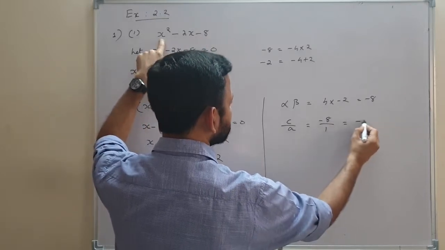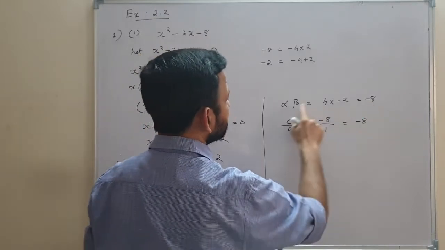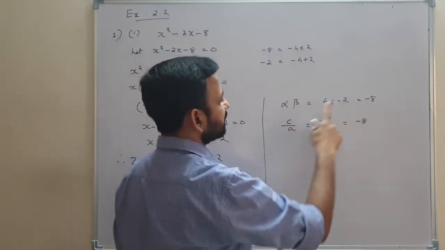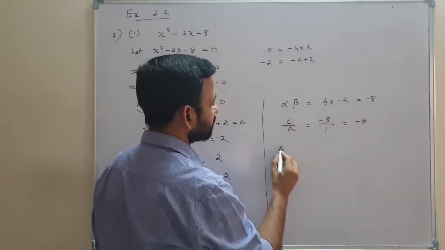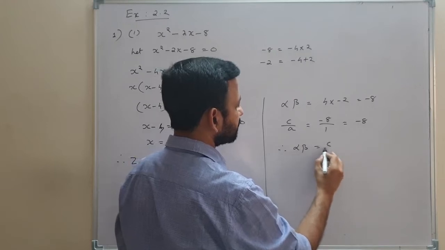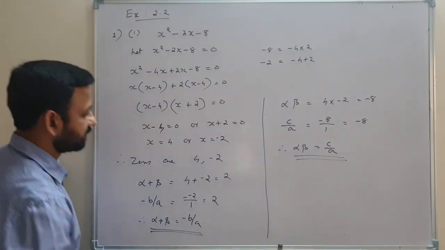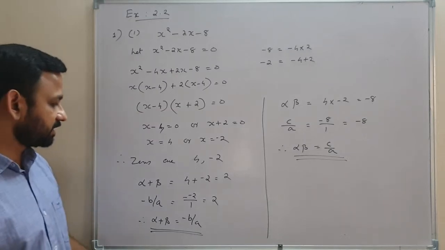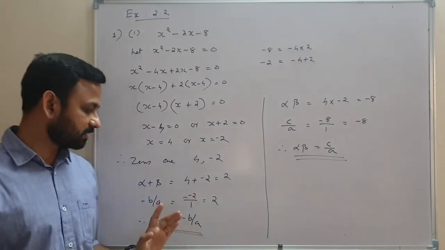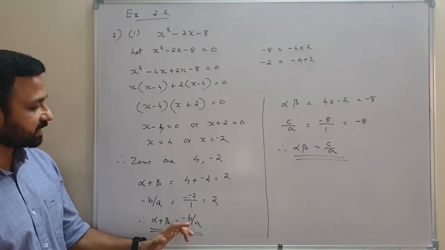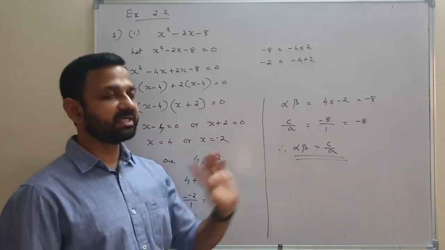Minus 8 upon 1 is also minus 8. So here alpha into beta is minus 8, c by a is minus 8. So we can write alpha beta is equal to c by a. So here we verified the relationship between the zeros and coefficients. The relationship is alpha plus beta is minus b by a, alpha beta is c by a.